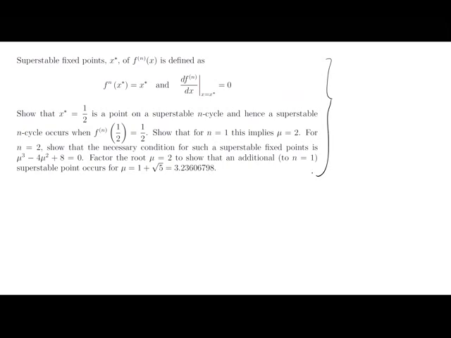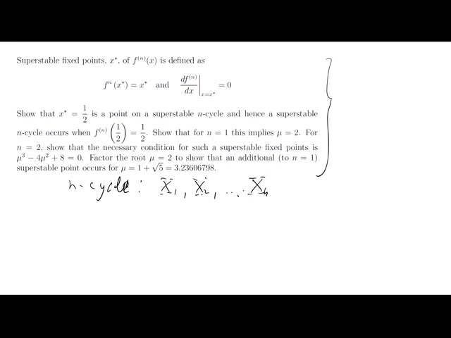So first of all, what does superstable n cycle mean? Let's assume we have an n cycle, and in this n cycle we have x changing, like, I usually use capital X: X1, X2, and so on, Xn.